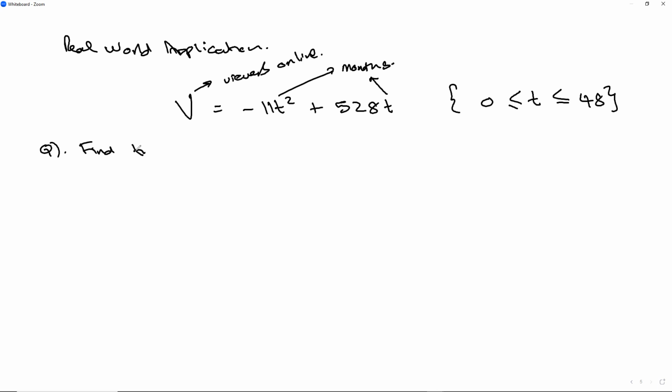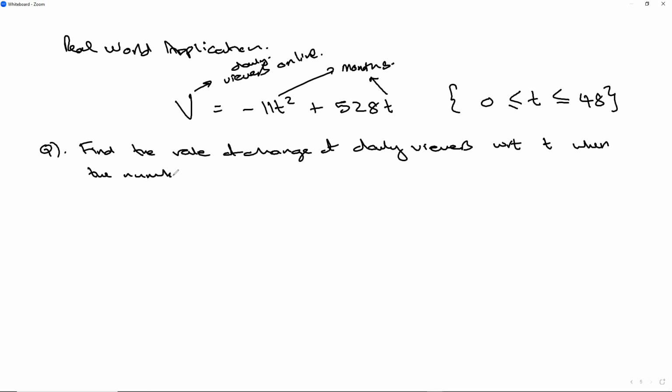So find the rate of change, that's a gradient, rate of change of daily viewers with respect to t when the number of daily viewers is 3,520.